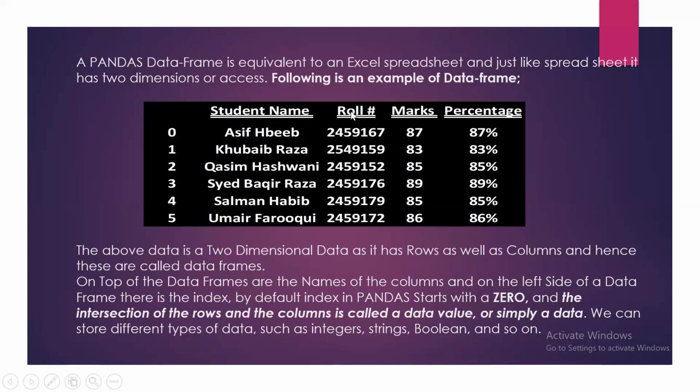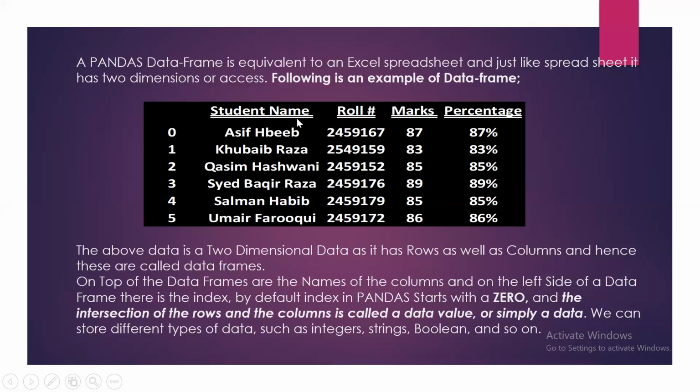The second column, the roll number of the students, contains numeric data, therefore it is integer. The third column also contains integer data. And the last column, percentage, shows the percentage of the students, and it is also treated as numeric data.